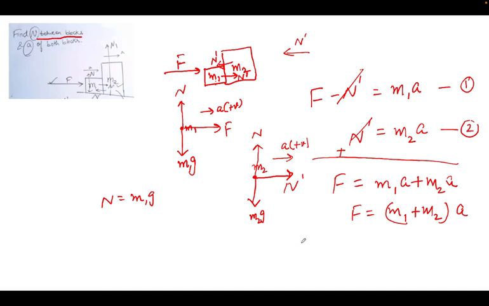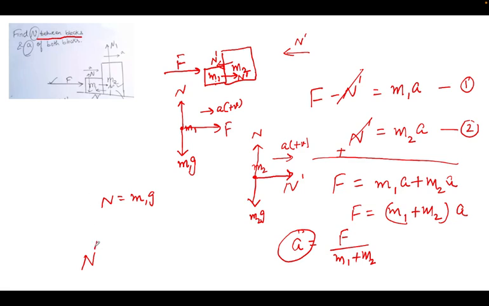So from here we can find the acceleration, which is a equals F over m1 plus m2. Once we find the acceleration, we can find the normal reaction between the blocks.